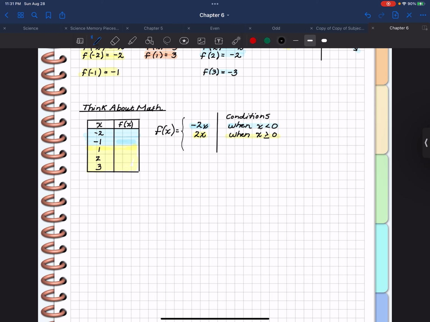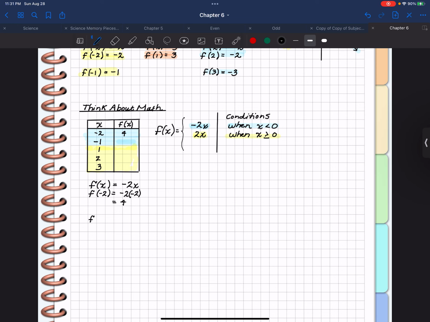Okay, so let's evaluate. f of x is -2x for the blue pieces. So f of -2 is -2 times -2, which is +4.